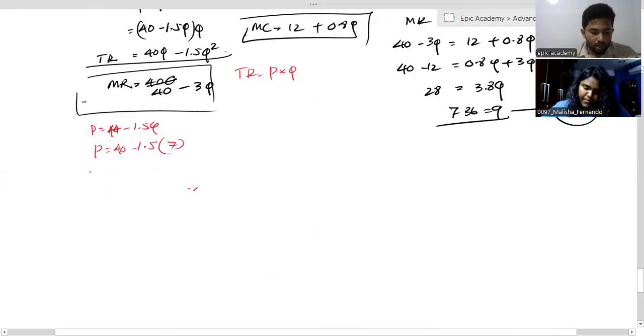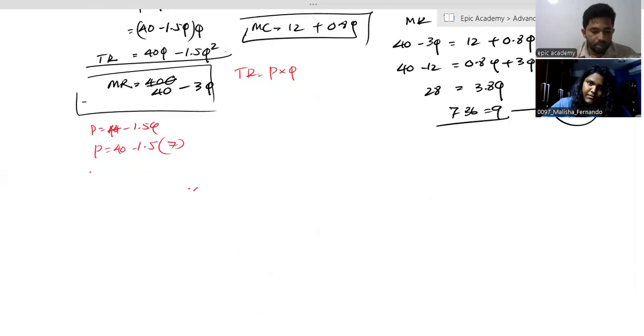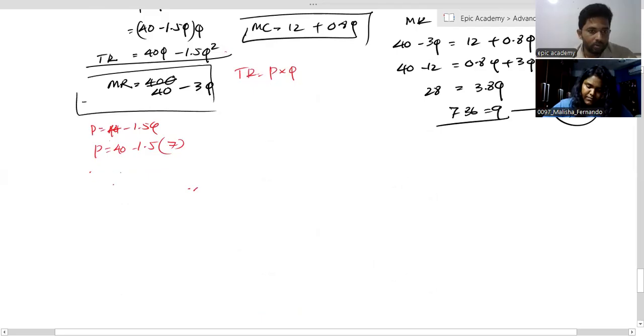So 1.5 multiplied by 7 is 10.5. Then P equal 40 minus 10.5. P is 29.5.